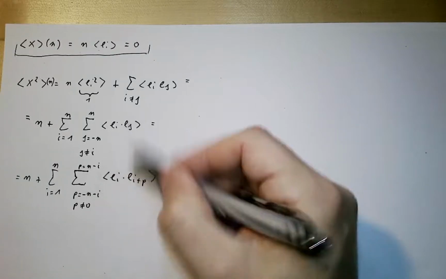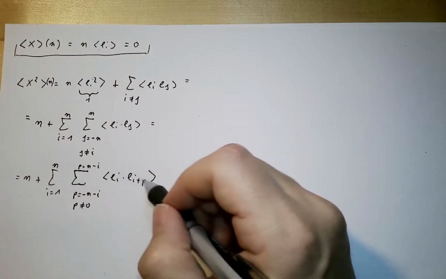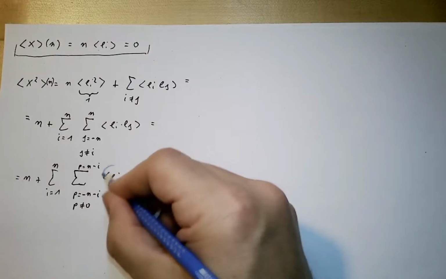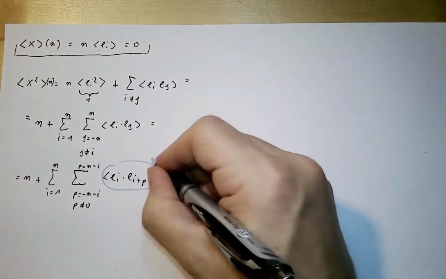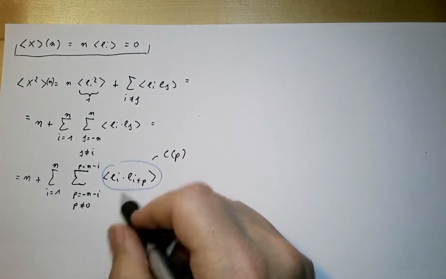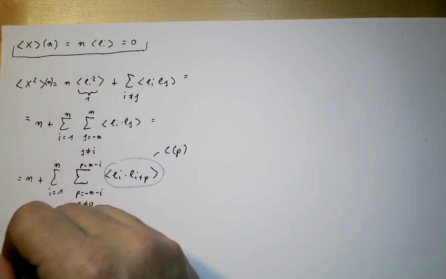Yeah, and this is now the variable transform. And here then we have our autocorrelation function c of p that we can plug in here. And so let's rewrite this again.